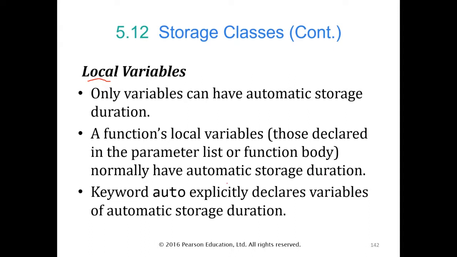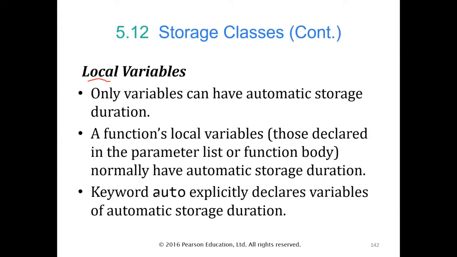They will be created once you enter the function. You can use them inside the function, but when you exit the function, those variables will be destroyed because they are no longer needed, right?